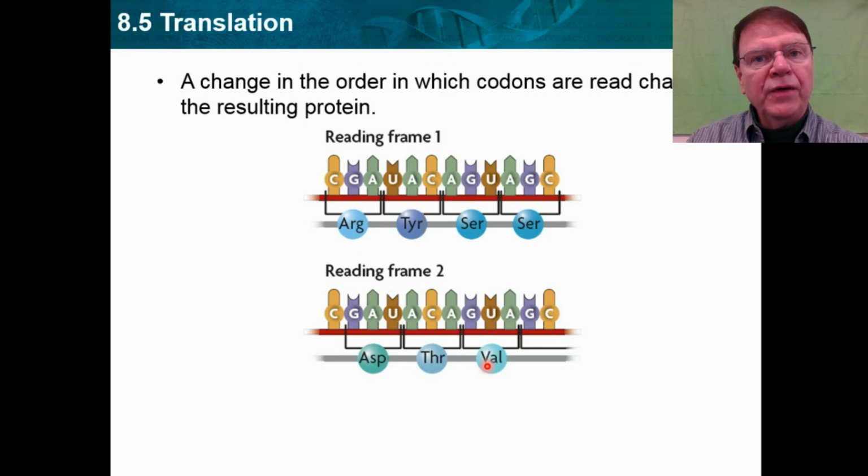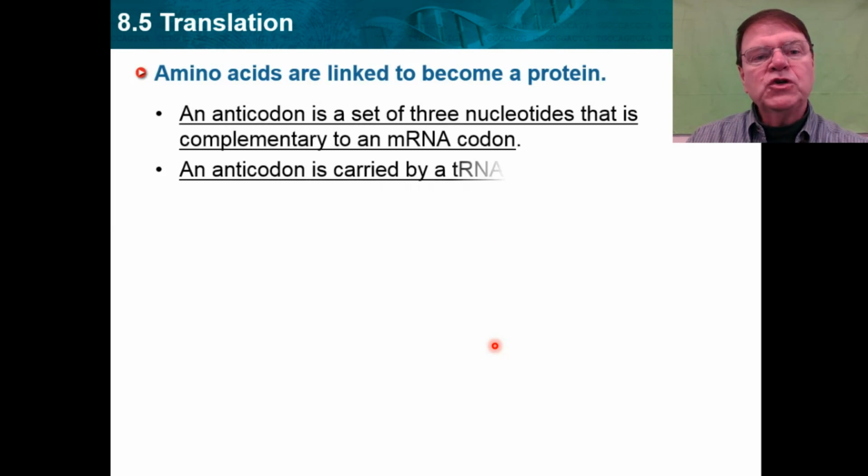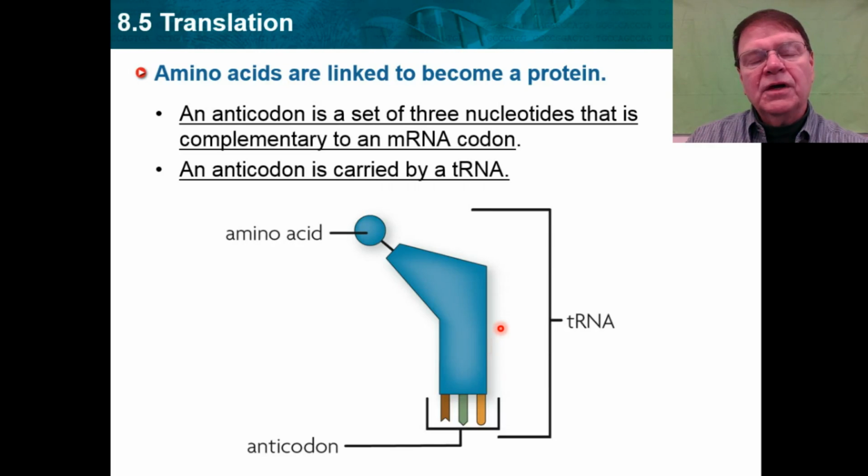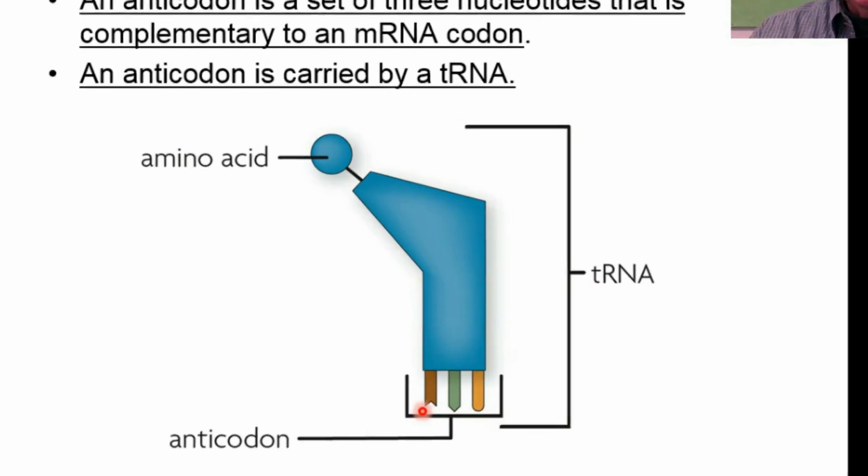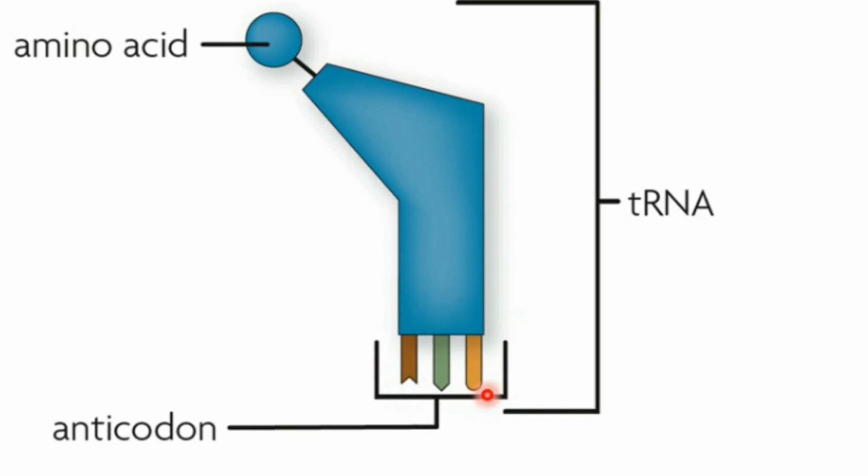But there are two other forms of RNA that play their roles as well. Let's look at those. First, the form of RNA that we have before us is transfer RNA. At the very base of this, we have a complementary pattern of nucleotides that are going to bond to messenger RNA in the translation process.